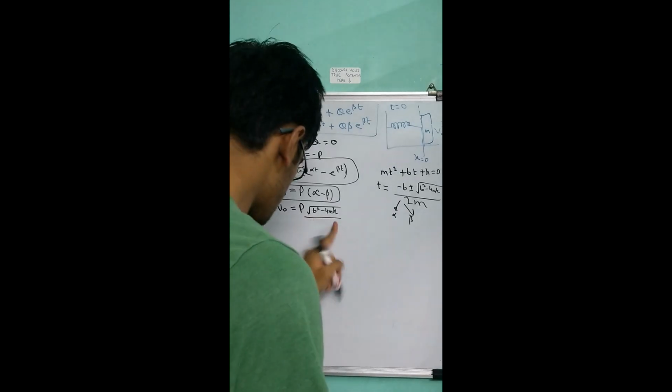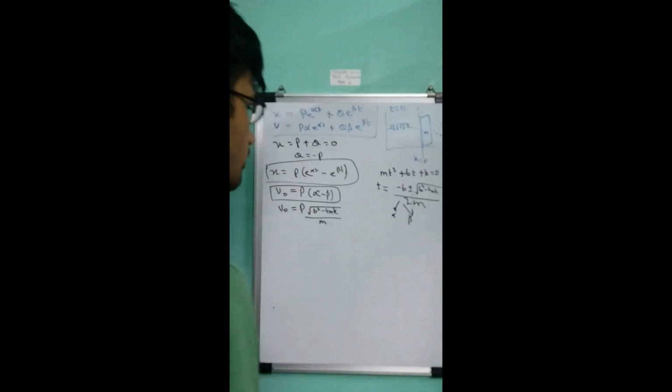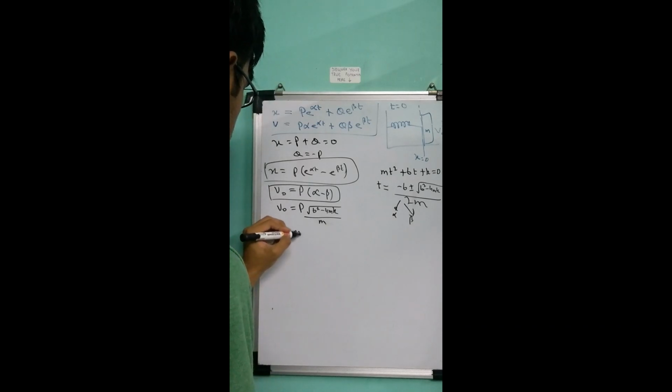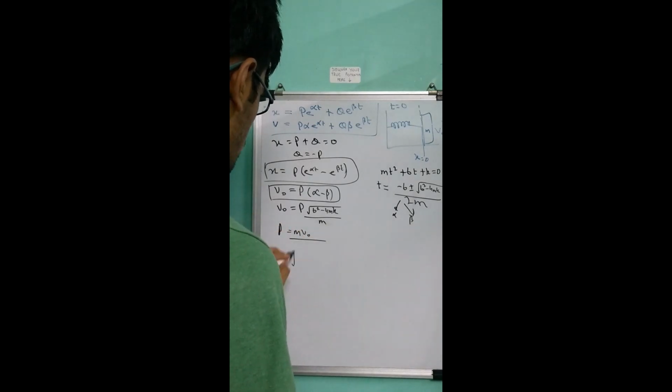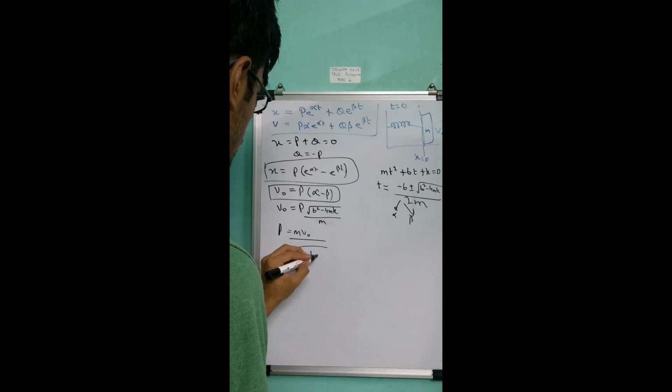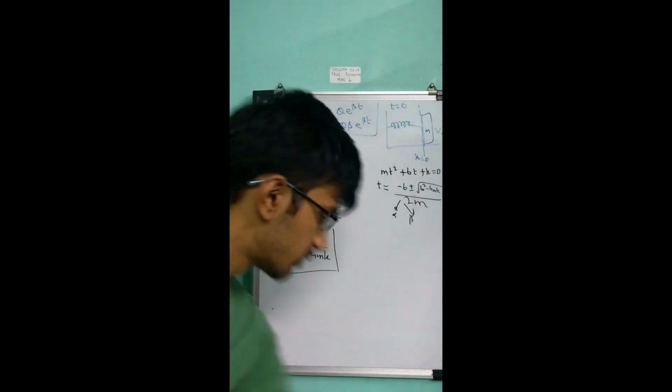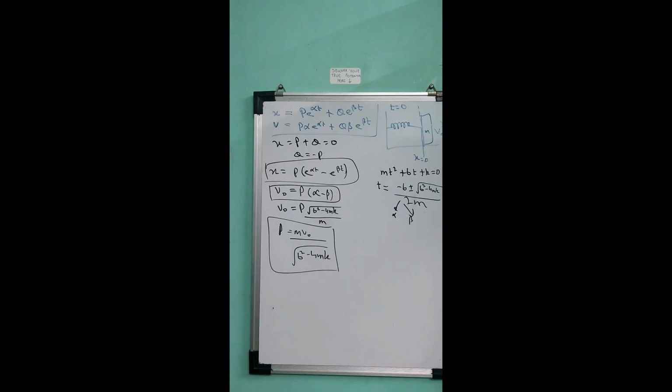This will be the difference between the roots. So what do we get from this? P is equal to m V0 by root b square minus 4mk. P equals m V0 by root b square minus 4mk, am I right?